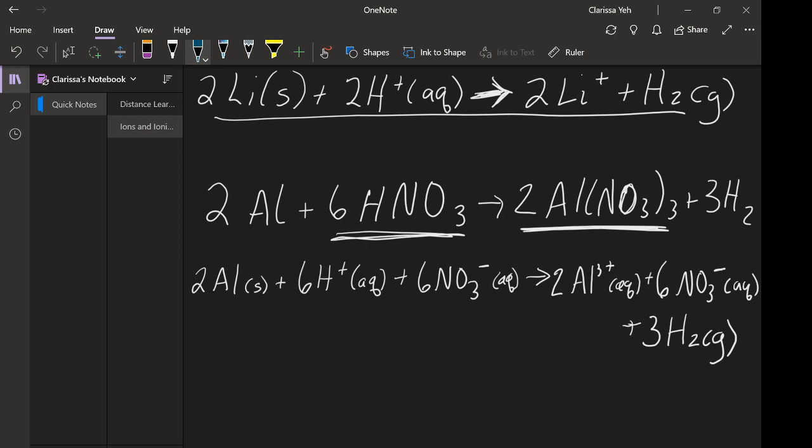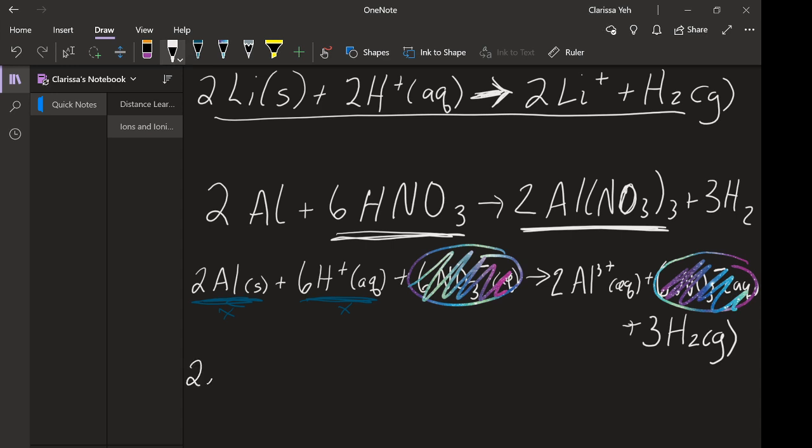My aluminium, there's no aluminium salt on the other side, so that's not going to get cancelled. H+, there's no other H+ on the other side, so I'm going to leave that as is. My 6 NO3s, that matches up with the 6 NO3s on the other side. So I'm going to get rid of those. And then rewrite it out.